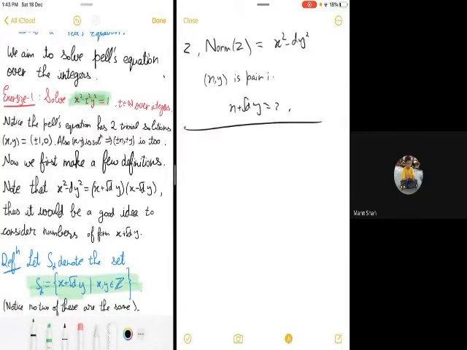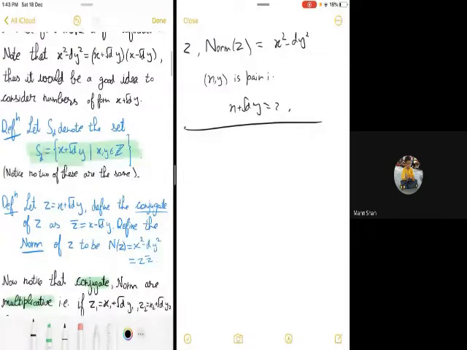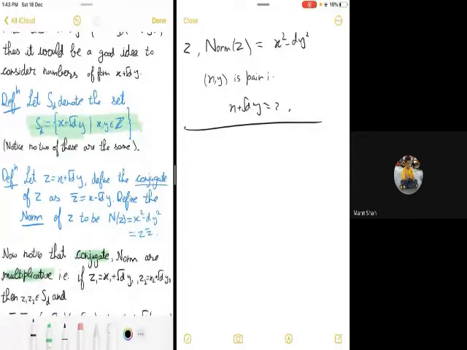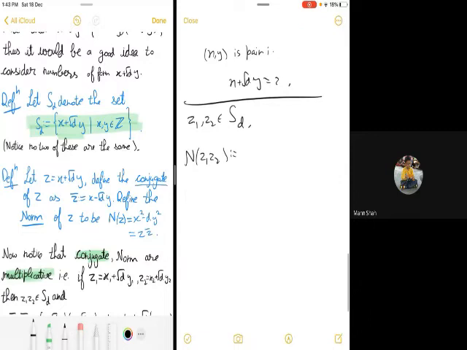Just because conjugation is multiplicative, we have this other amazing property that norm is also multiplicative. That is, if we have z1, z2 belonging to S_d, then the norm of z1 z2 is, just because of the definition, note that if z1, z2 belong to S_d, then the product also belongs to S_d, which we showed earlier.